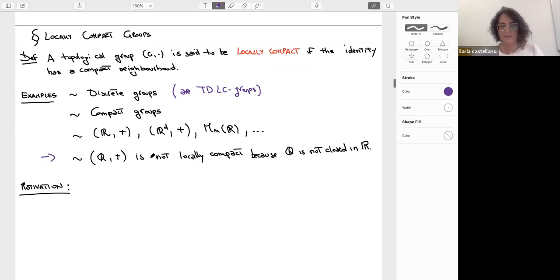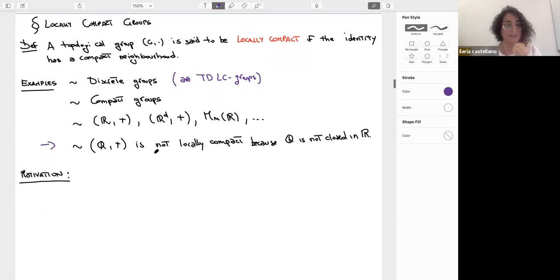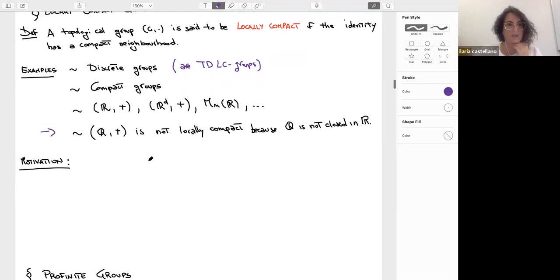Why am I so interested in this class, and why are mathematicians interested in this class? The motivation is the structure theory, one of the motivations, because it's not the only one, but one that I like to propose is the following.